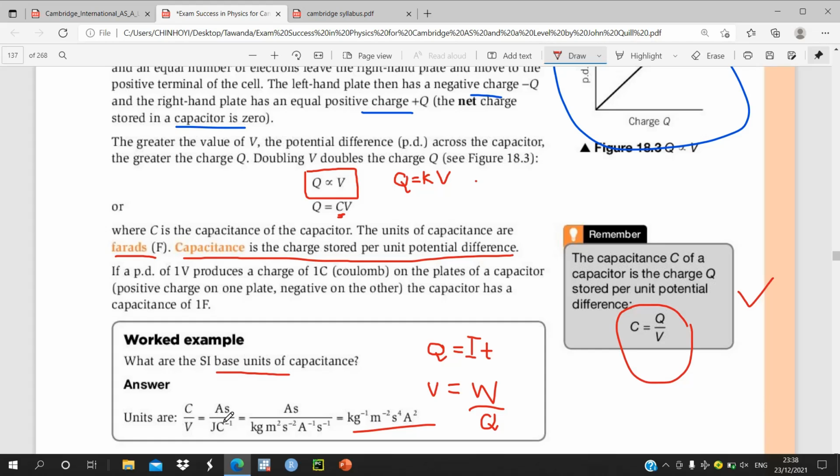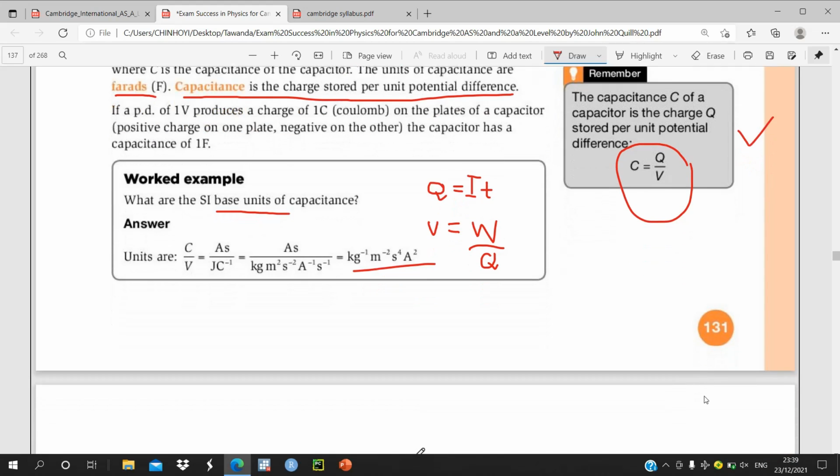Work done is force times distance, and your force is equal to MA, mass in kg, and acceleration in meters per second squared. Then the distance also is multiplied with another meter. That's why we have this meter squared. So finally we get this one as the SI unit.